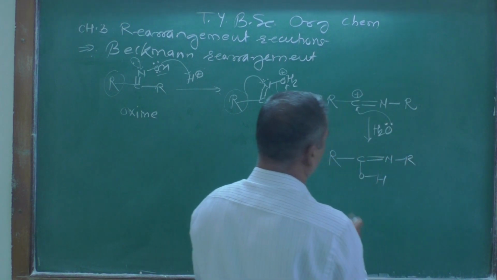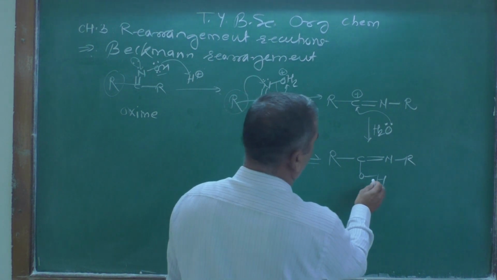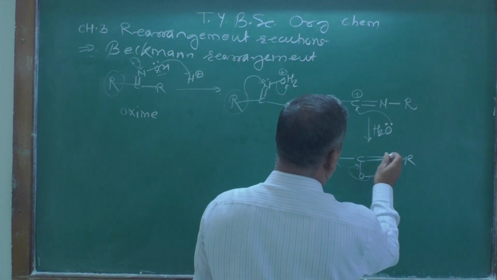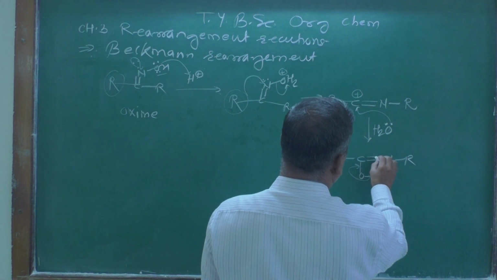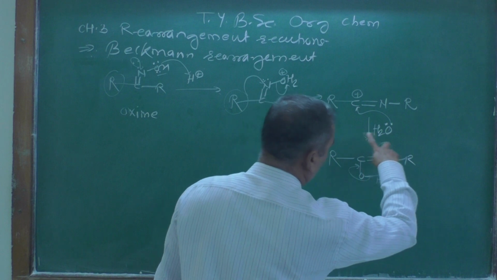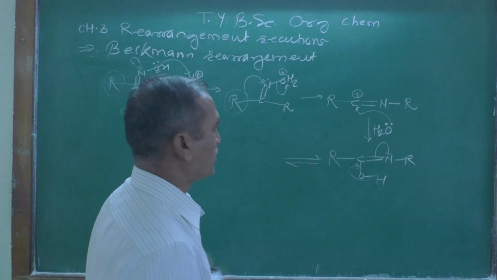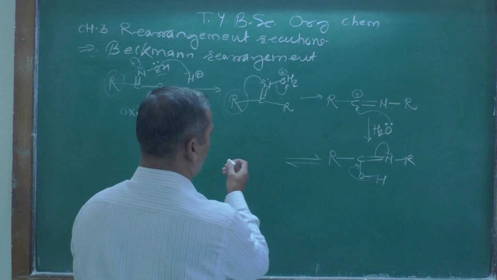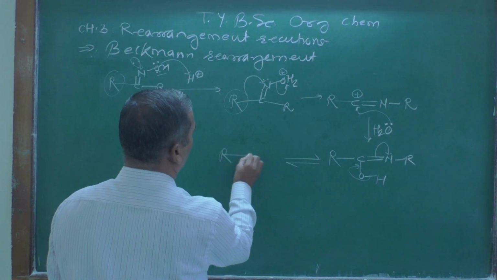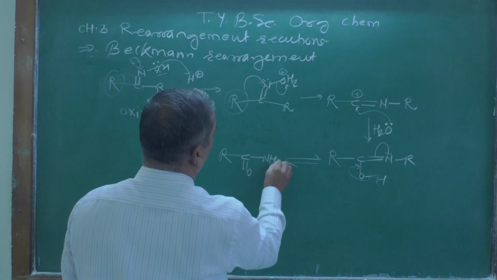This is an enolic type of structure, and further, at equilibrium, this H internally rearranges and goes to attach to that nitrogen atom, and you are going to get here RC double bond O, then NHR.